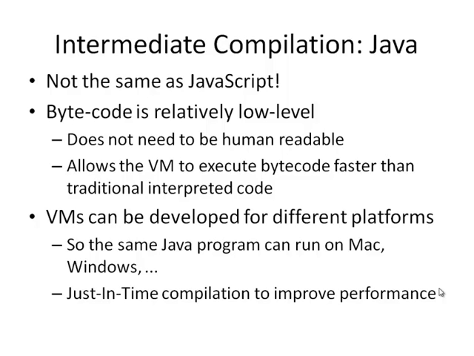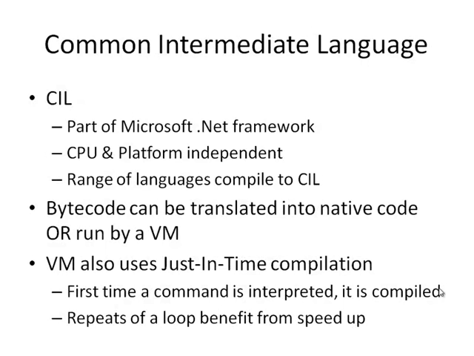They can also use something called just-in-time compilation to improve performance, which allows the processor to convert a particular command to machine code the first time it's interpreted, but remember that so that inside a loop we don't have to continually repeat the interpretation process. We do it once and we remember what the compiled version is.